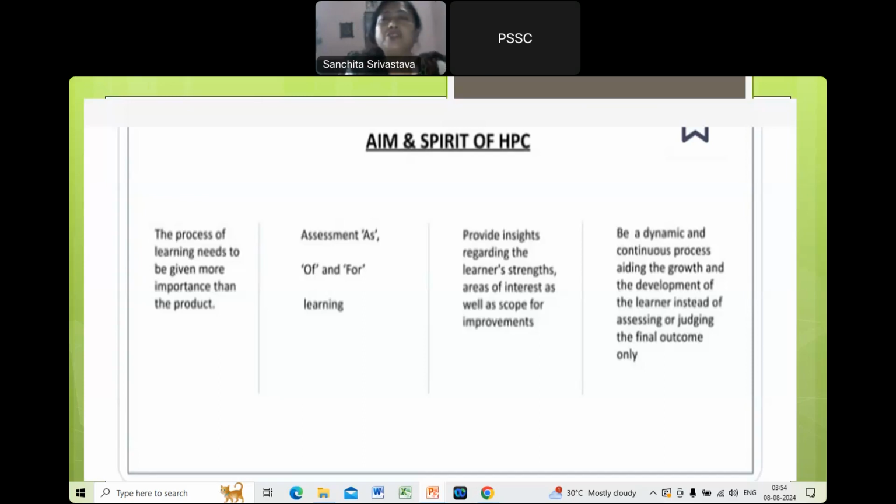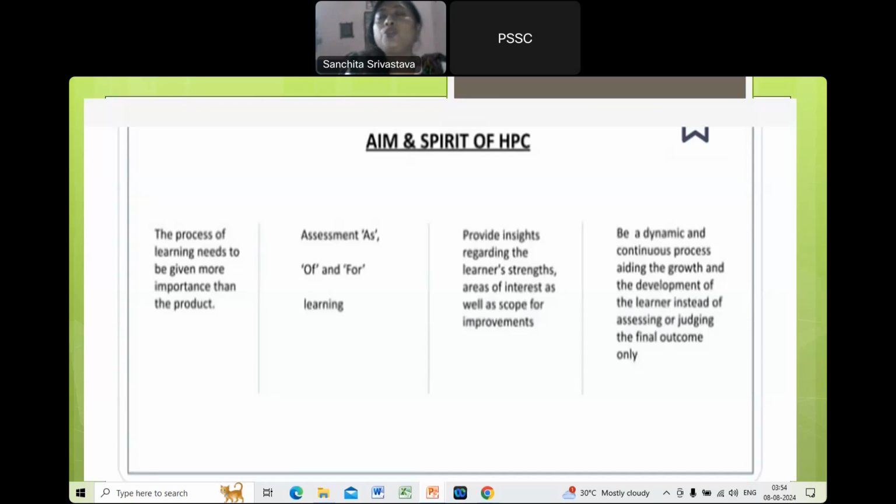Please, somebody use the chat box and tell me what is assessment. What do you know about assessment? Two-way evaluation. Okay. Assessment, evaluation. Now, what is evaluation? To judge. Okay. Performance. Yes.